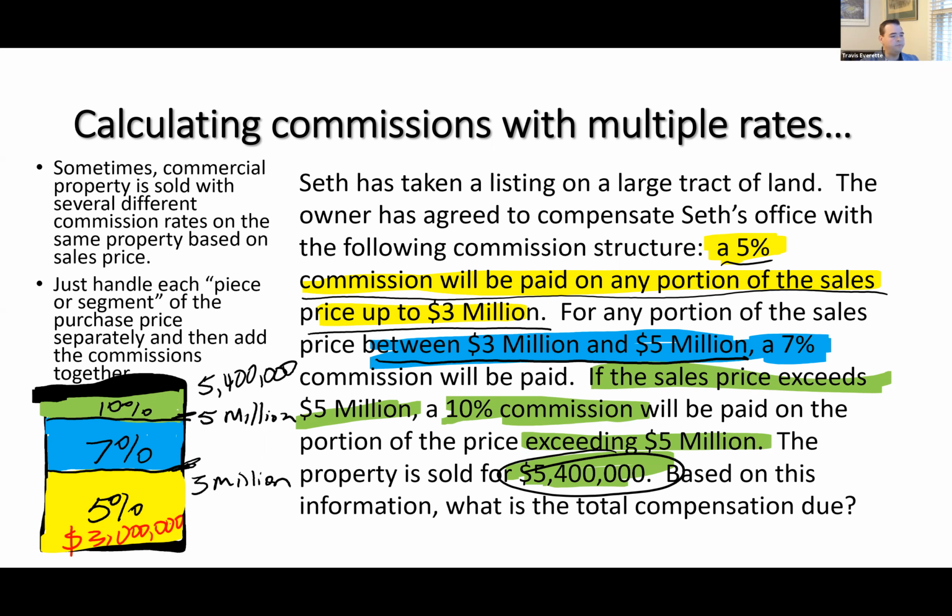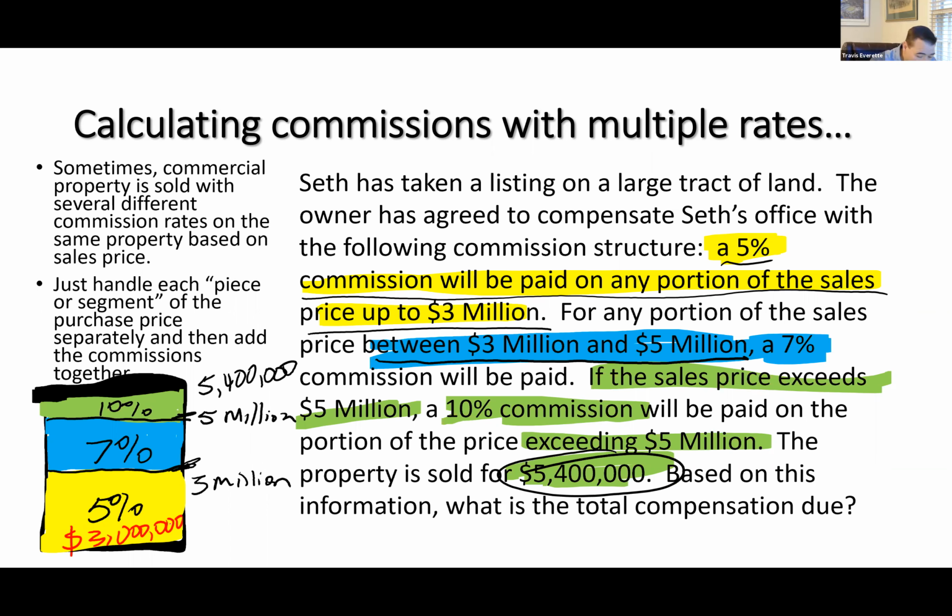That's $3 million. And then it says for any portion of the sales price between 3 and 5. So we can't count the first 3. We already counted that in the yellow box. We're talking about just what's in the blue box. So what's more than 3 but less than 5? Well, that's $2 million, right? 5 minus 3.